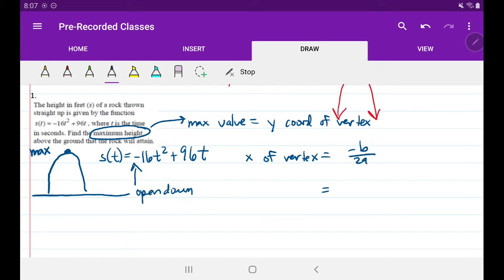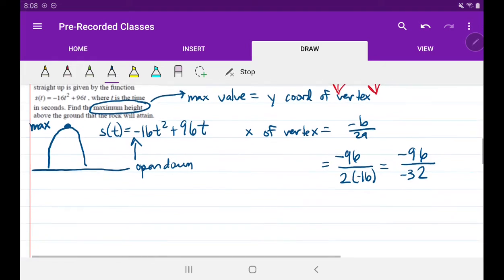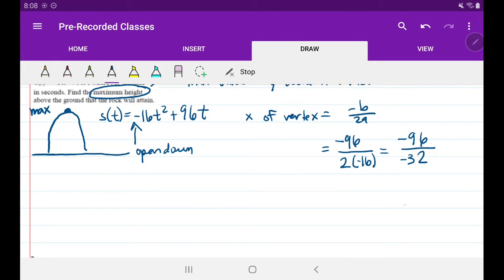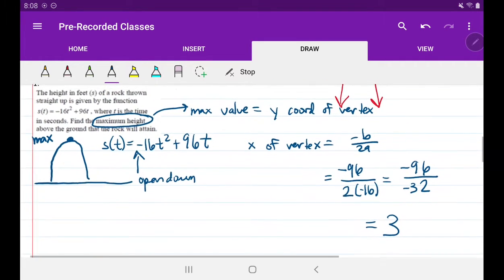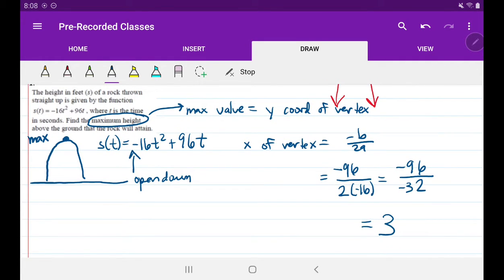For the given function, my b term is 96. So we're going to have negative 96 over 2 times a, 2 times negative 16, so that'll be negative 96 over negative 32. Simplifying that, we get a positive 3. So the maximum height above the ground is going to be 3 feet.